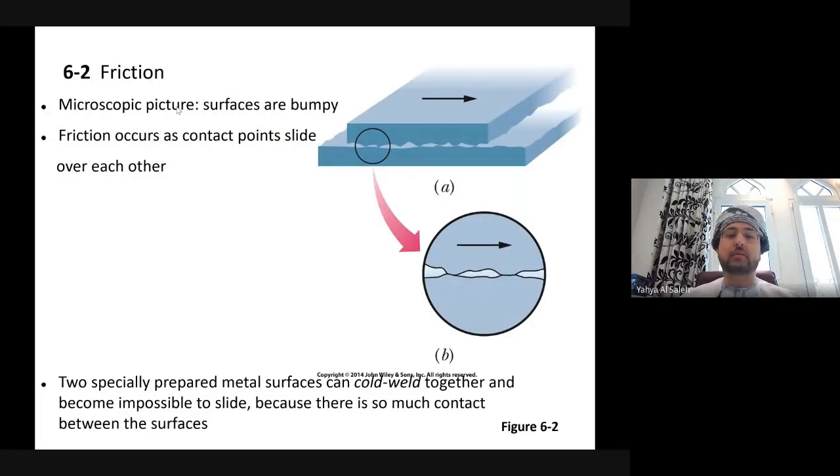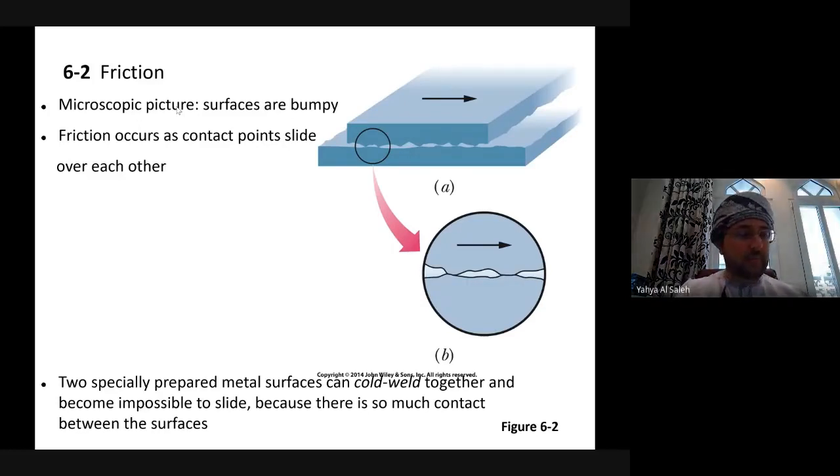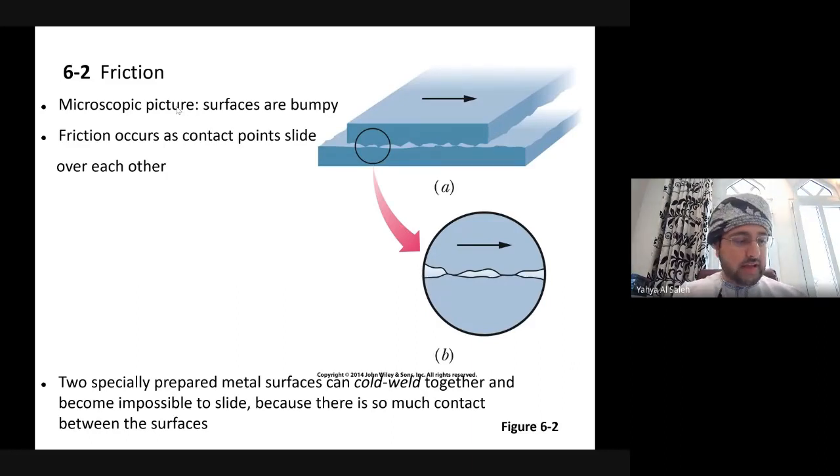Now, you can reduce friction by making it smoother and smoother at a microscopic scale. You can make it so smooth that at the end of the day, you can have two specially prepared metal surfaces that simply cold weld, so that you don't have enough friction.